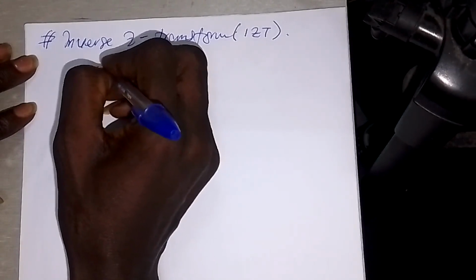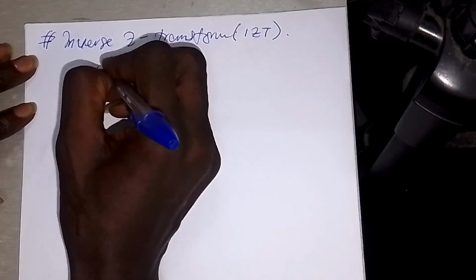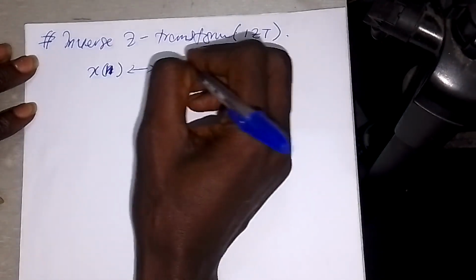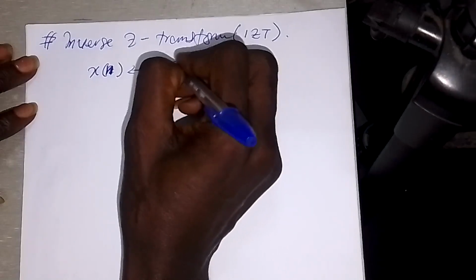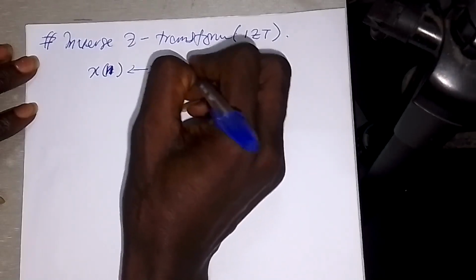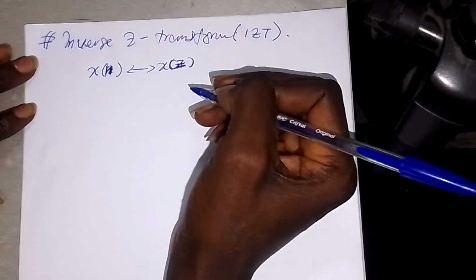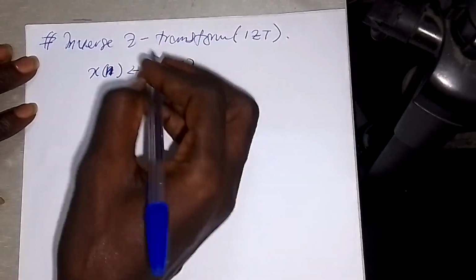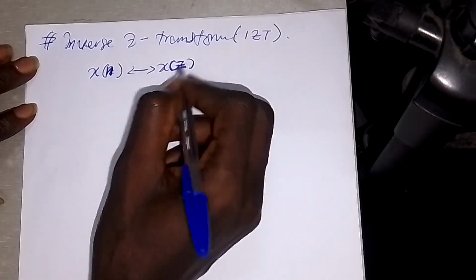For example, if I have x of n, the Z transform will help me to get X of Z. Now, if I want x of n from x of z, then I will use that.